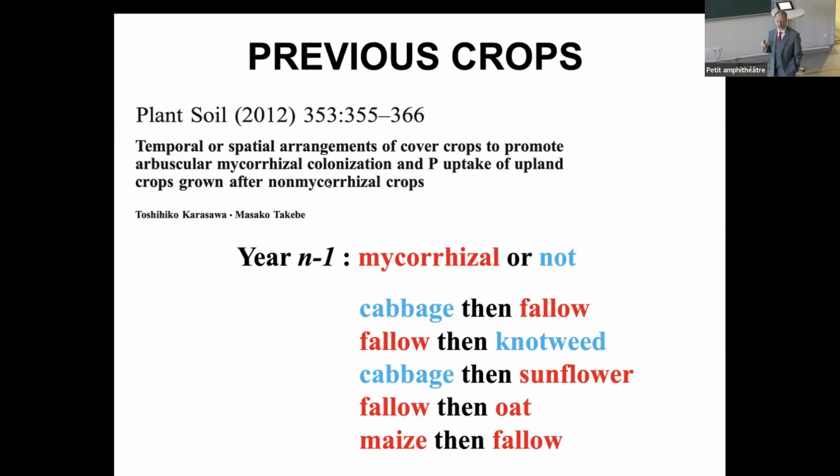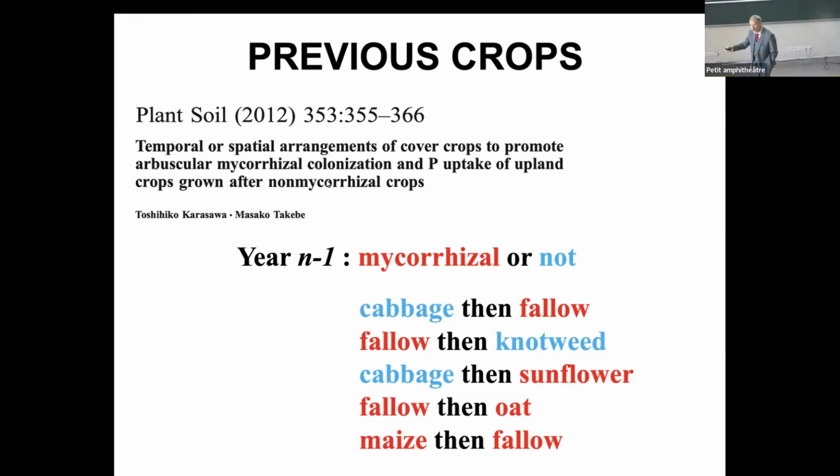One is not very good, one is good. So you have had either cabbage then fallow, or fallow then wheat, or cabbage then sunflower, or fallow then oat, or maize then fallow. It's red when the plant or the mix of plants is mycorrhizal, and it's blue when it's a non-mycorrhizal plant.